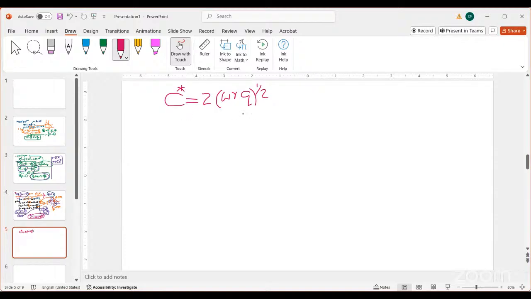Now, when you differentiate this minimum value cost function with respect to the parameters W, R, Q, we call this exercise Shepherd's lemma.